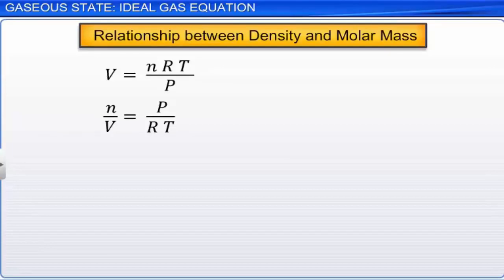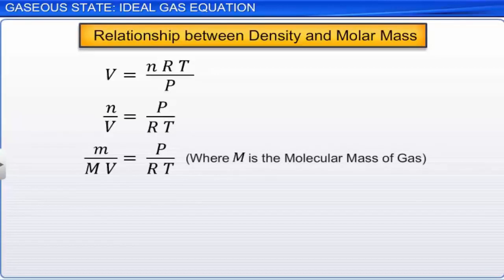We know that m/V = d, where d is the density of the gas. Thus, we can rewrite the equation as d/M = P/RT. On rearranging the equation, we get the relationship to calculate the molar mass of a gas as M = dRT/P.